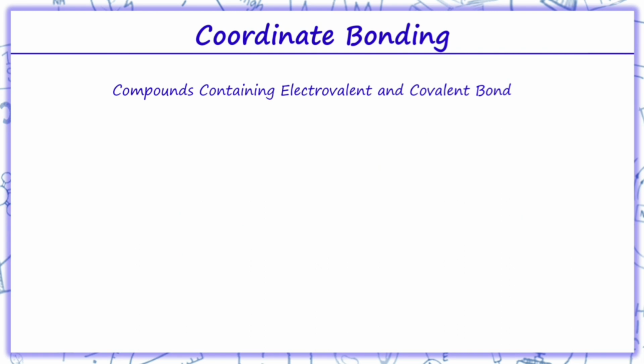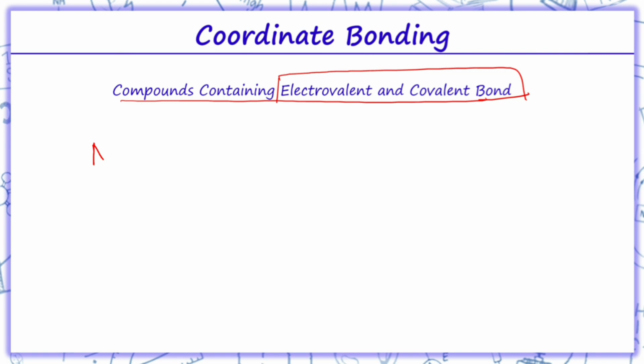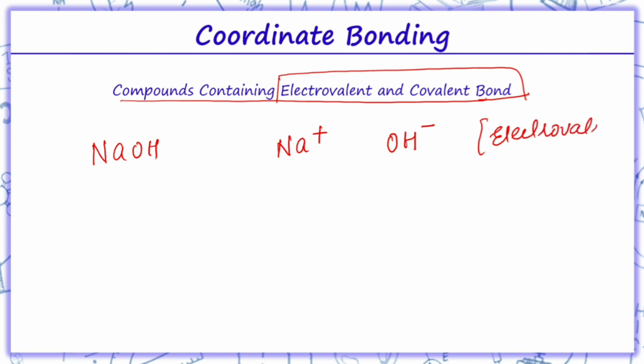Now we will see certain compounds which contain electrovalent and covalent bonding. So we know there is a compound NaOH. If we write it like this, Na plus and OH minus, between them comes electrovalent bonding. But if we look at this OH, between O and H there is covalent bonding.